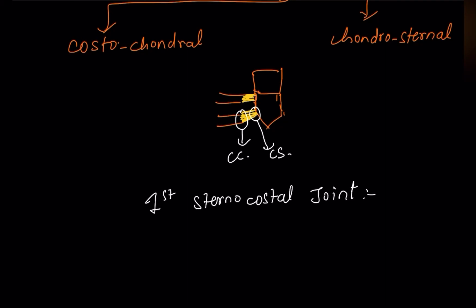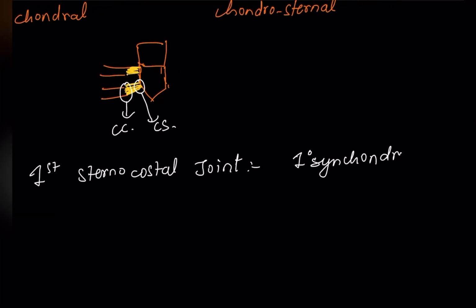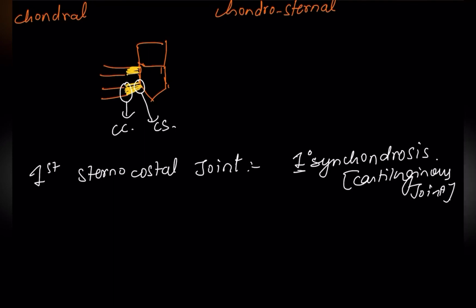we have something called joint classification. We have many types of joints. So this first sternocostal joint is a primary synchondrosis. It is a cartilaginous joint. Remember, primary synchondrosis means what? They are temporary, first of all. We have primary and secondary. These are partially movable joints. Okay, so this is primary, and the secondary we have done in the case of the vertebral column.